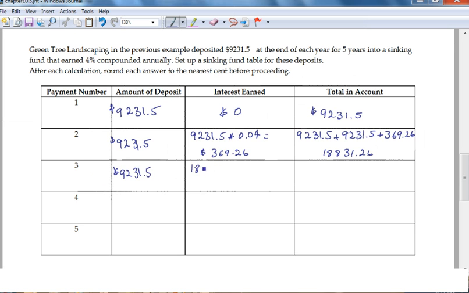So we do 18,831.26 multiplied by 0.04, and that will give us $753.25.